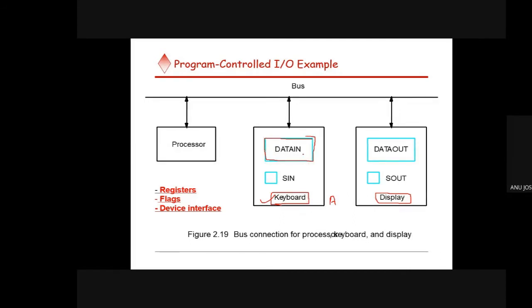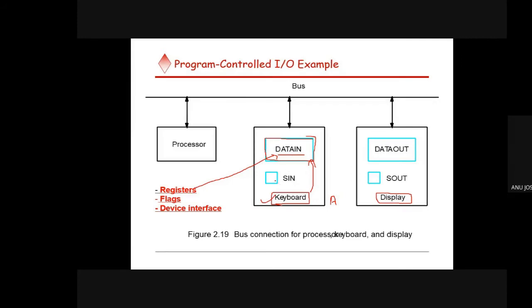For input, there is a small buffer or small storage area along with any input device, and that small storage area is called data in, the register for storing the device input I am giving from the keyboard. Along with that, it will have a 1-bit location. Already you have studied flags, like the zero flag, and I said it is a 1-bit location.